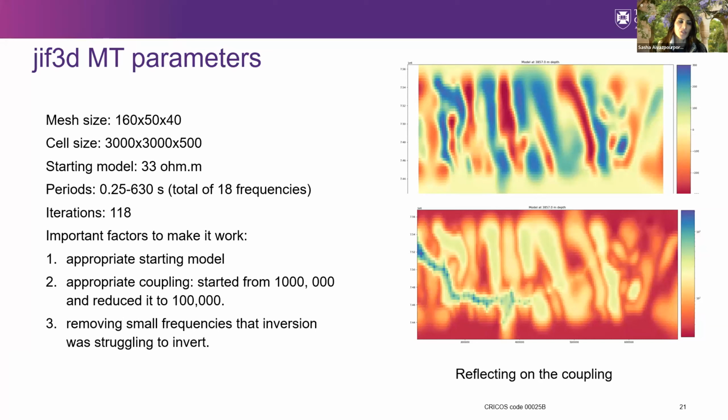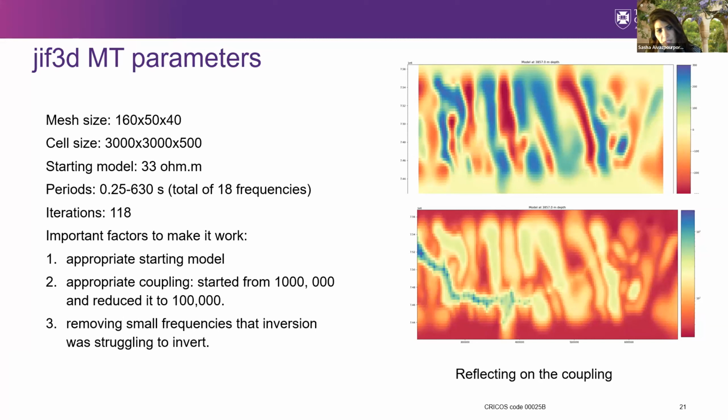I grabbed that data and started using the same one. And one thing with GIF3D that is good is it actually shows you for each frequency how long it's taking to do an iteration. So at some point, it seemed that it was really struggling with those high frequencies. I had a chat with Max, and we had a look at the frequencies, and removing those just was like magic.